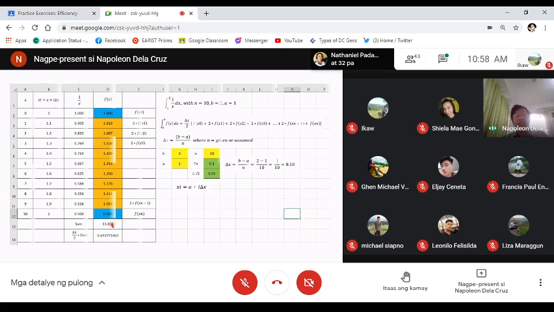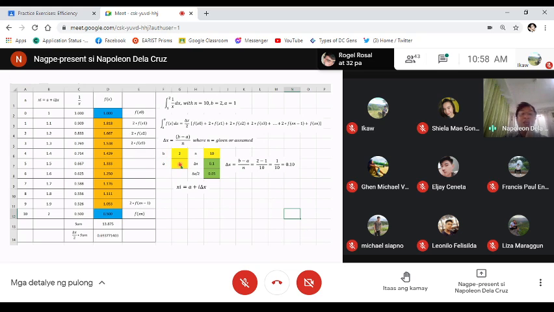Ayan ang result ng Excel. Ang unang column, 0 to n, ang n natin ay 10. Lagay natin yung formula dito: xi is equal to a plus i delta x. Ano yung delta x? Which we solved, 0.10.